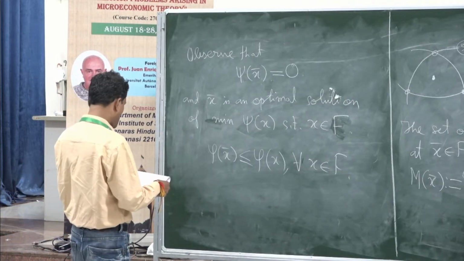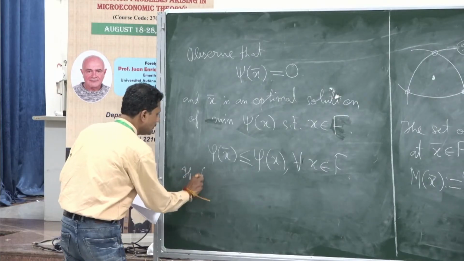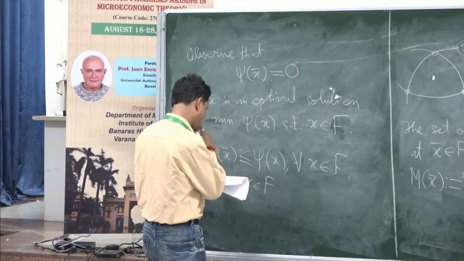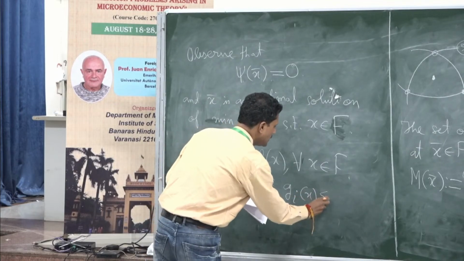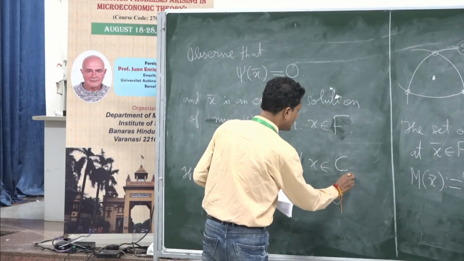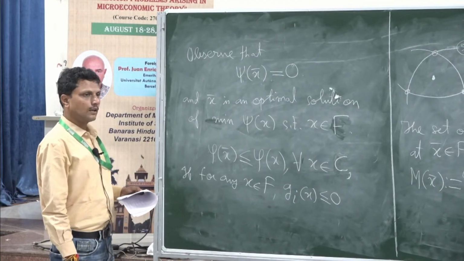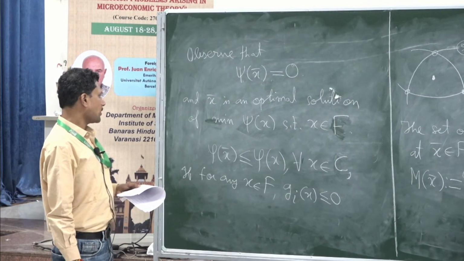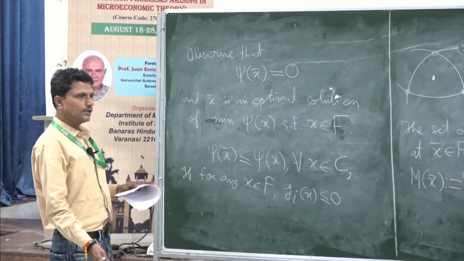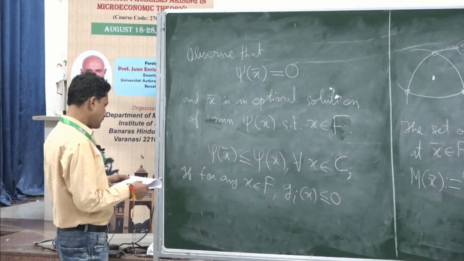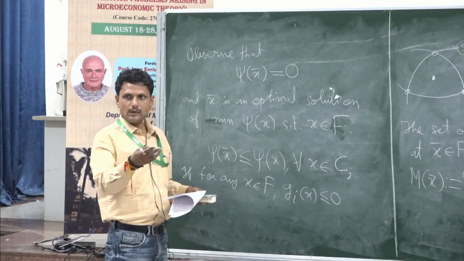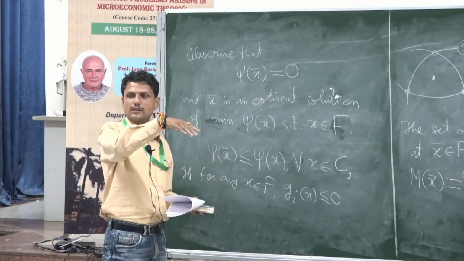So we will have two conditions, that for any x in F, gi of x less than or equal to 0. I mean it should not be F, it is the set C, okay, even Rn. Because we are going to have two conditions, when gi of x is less than or equal to 0 and gi of x is greater than 0. When it is in C, it may happen that gi of x is less than or equal to 0 or gi of x is greater than 0.